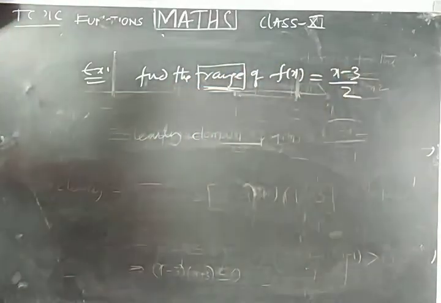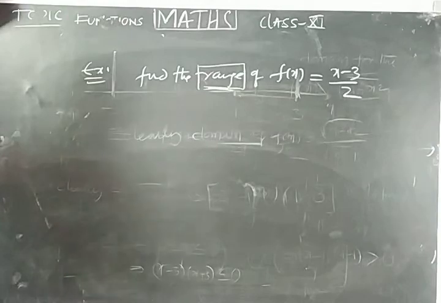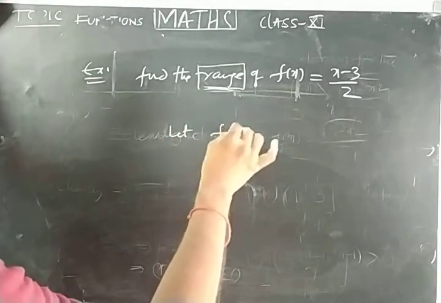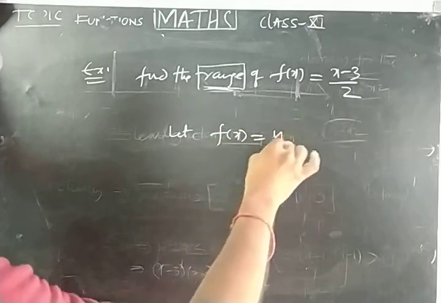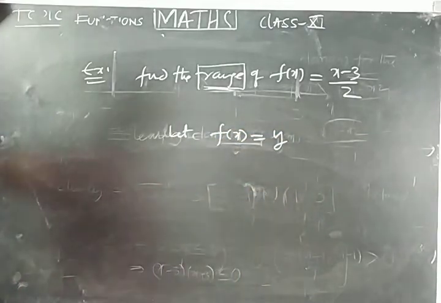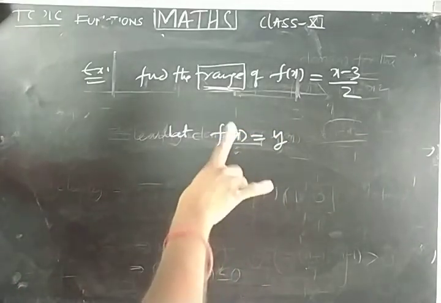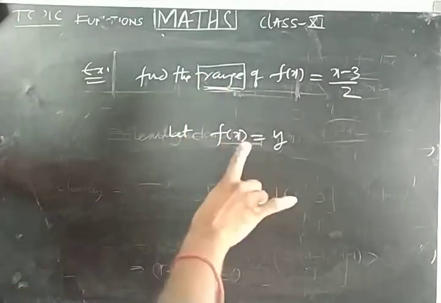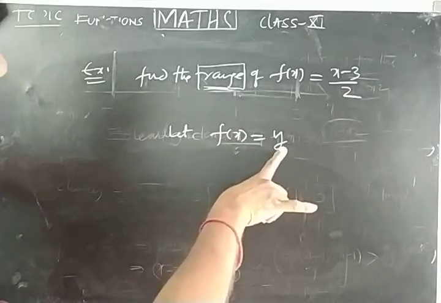If you have the expression in terms of x, to find the range we have one process. First of all, you have to take f of x equal to y. Here f of x is nothing but the image of x. X is the domain, but f of x is the image. So we are finding the images. Range means the set of images. So I am taking that image as y.